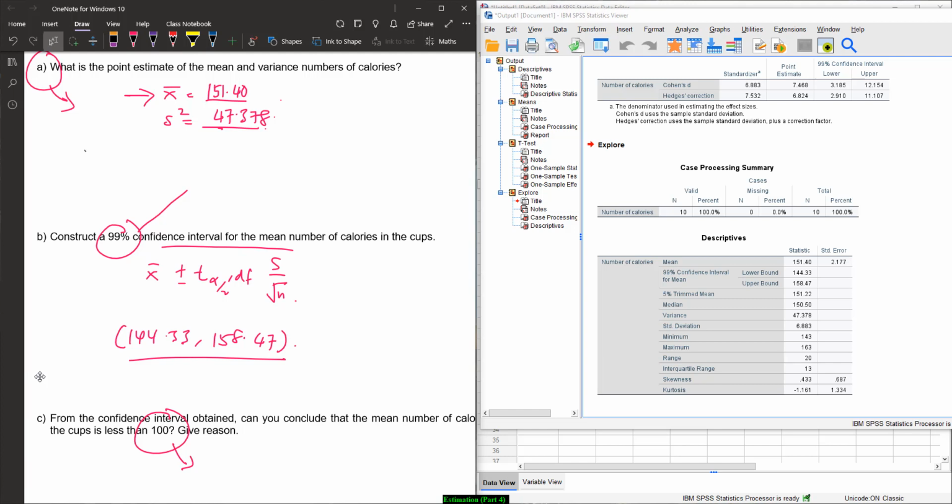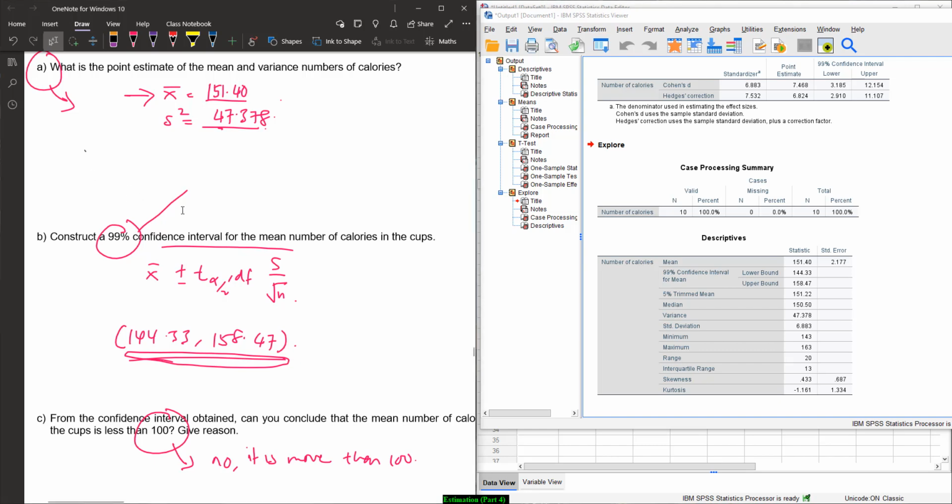And can we conclude that the mean number of calories carb is less than 100? So no. It is more than 100, because the confidence interval lies between 144 and 158. Okay?